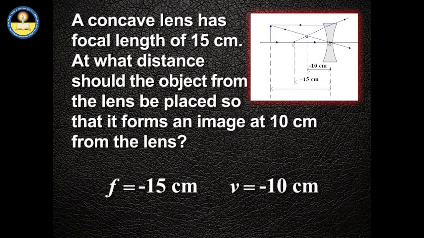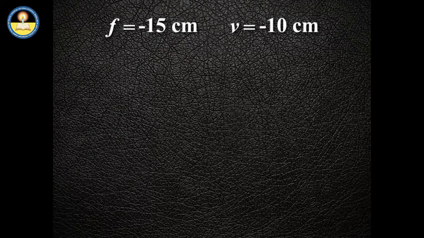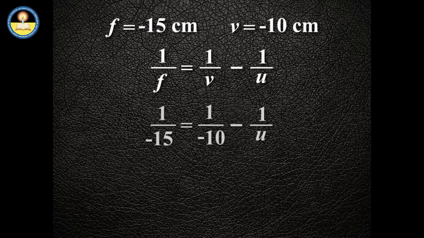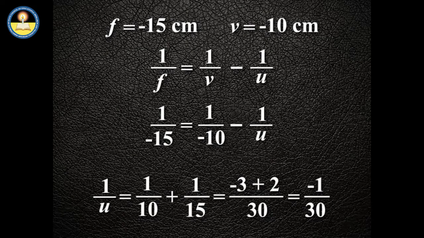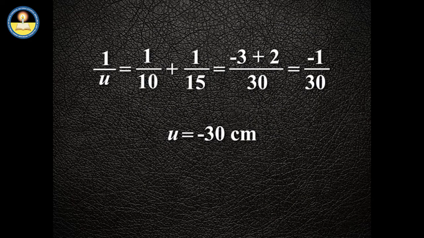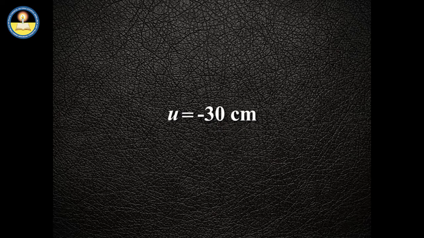Therefore, the image distance is minus 10 centimeters. By using the lens formula, the object distance comes out to be minus 30 centimeters. That is, the object should be placed at a distance of 30 centimeters away from the lens.